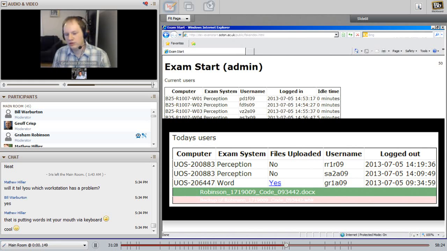So it's checked the files that have been uploaded, and it's expecting a docx file. So on that line, I can see that Robinson, that's me, they uploaded a docx file, and then that pink line is the fact that they uploaded something else. And that something else wasn't a docx file, but we monitor what it was anyway, just in case it was, I don't know, a text file, or they saved it in the wrong kind of format.